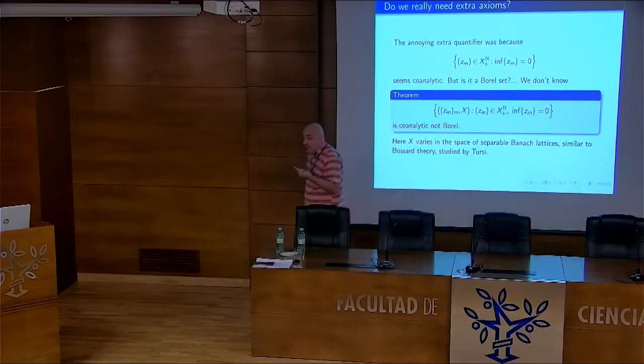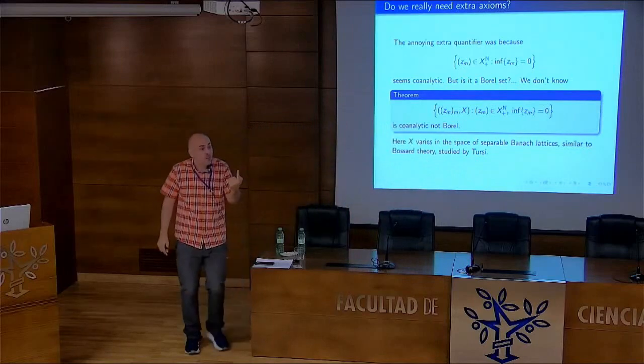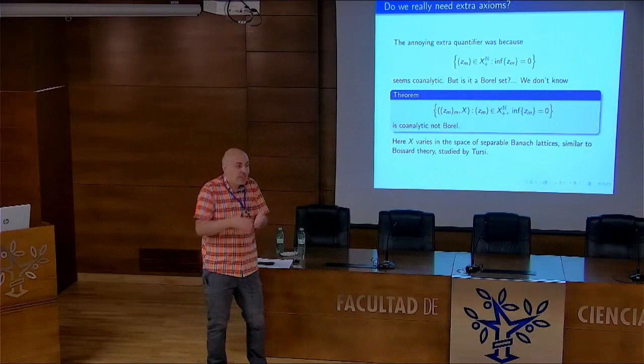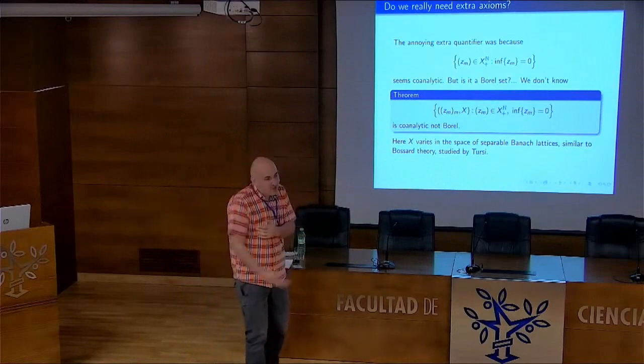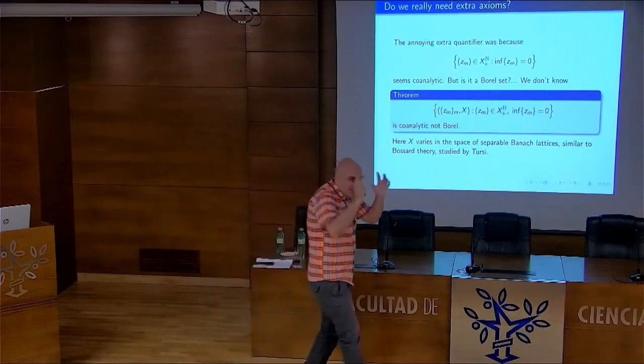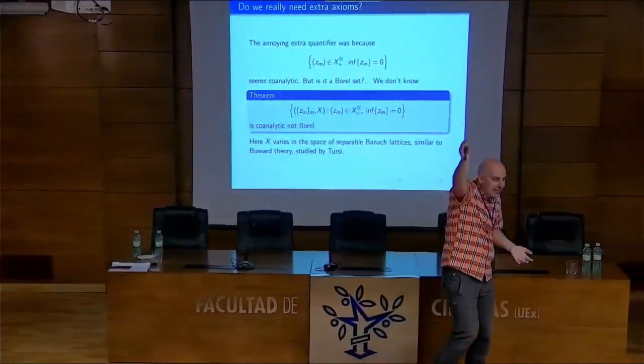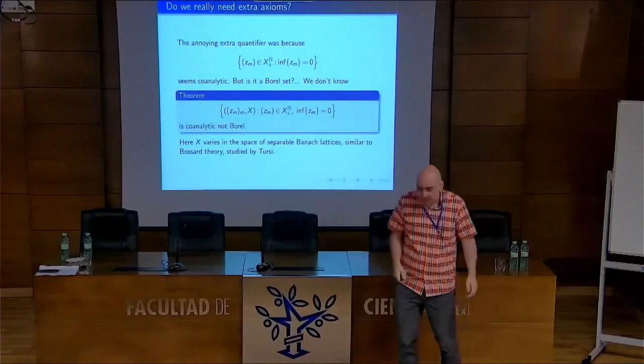Because take into account that it's not the same having infimum 0 in X as having infimum 0 in a bigger Y. Perhaps in X you don't have a lower bound, but in the bigger Y there's a lower bound. So you cannot consider it in a universal space. It changes with the space.